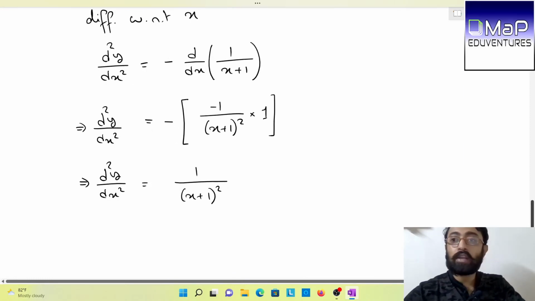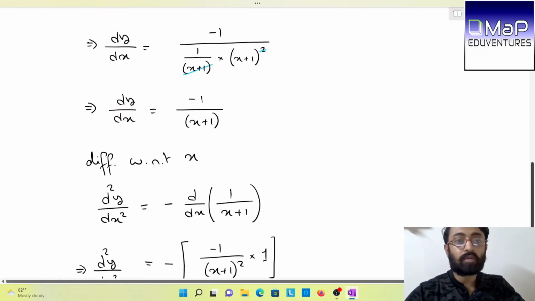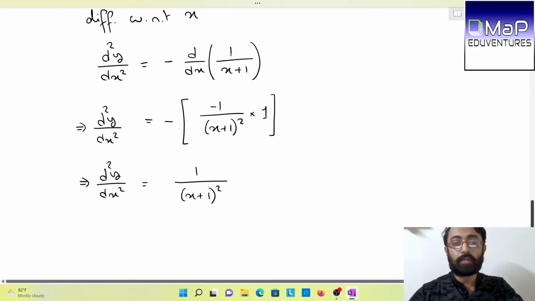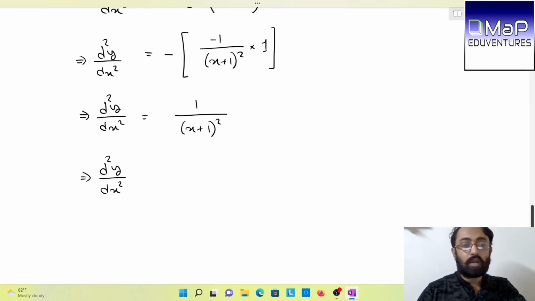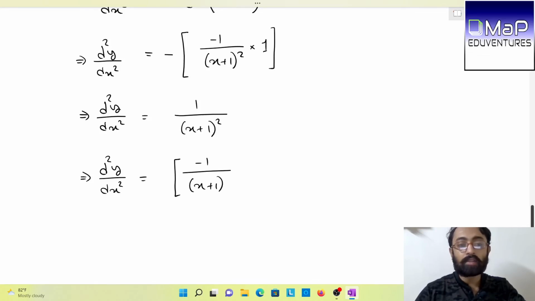So now can we write dy by dx here? If you remember, the value of dy by dx was found earlier. Let us take it as equation number 2, and here, in place of the right hand side, we will write minus 1 by x plus 1 whole square.